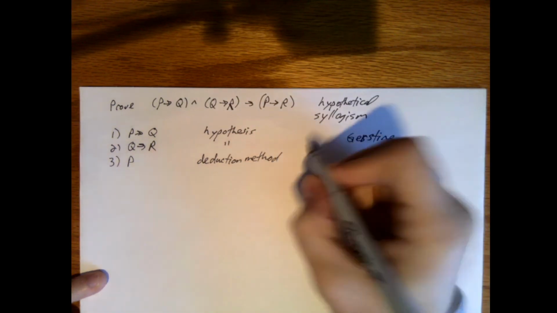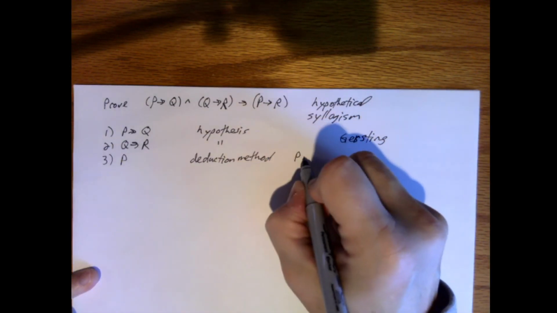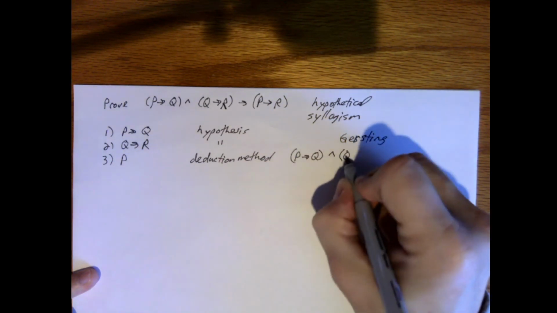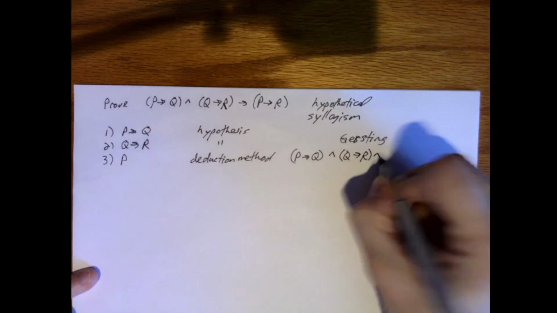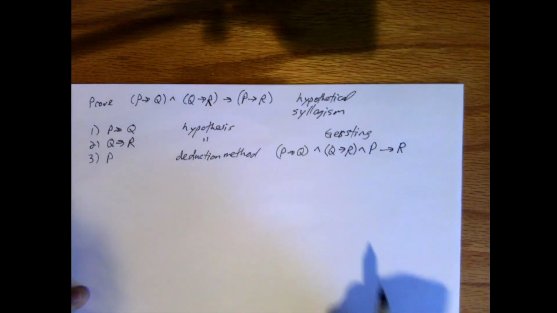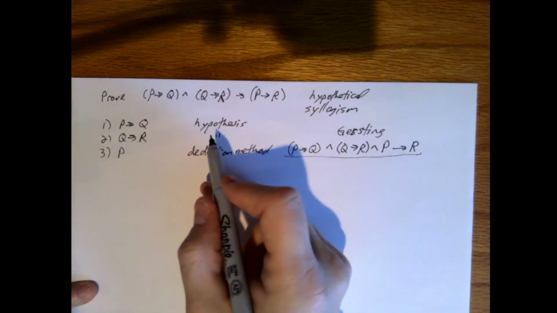And I also like to write that I now have P implies Q and Q implies R and P, all that together implies R. So now I'm looking at going, okay, this is what I'm really dealing with. So that's where the P comes in. So it is another hypothesis if you know to do that.